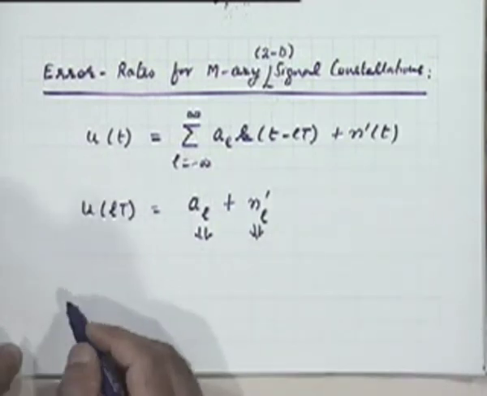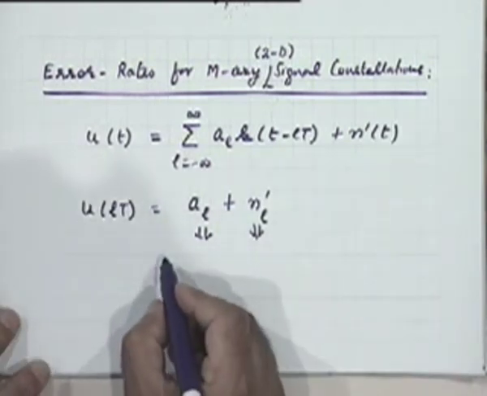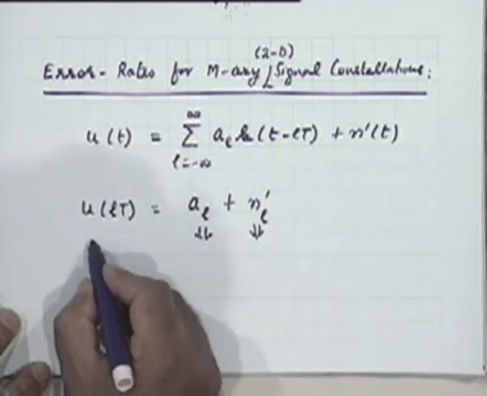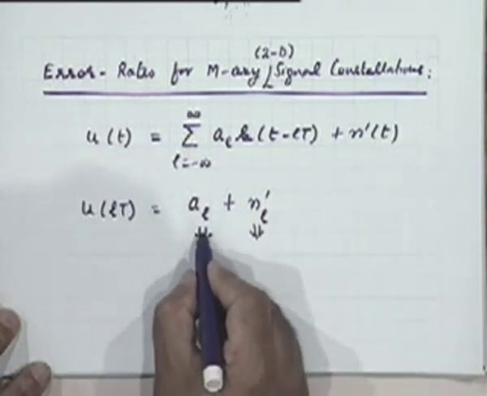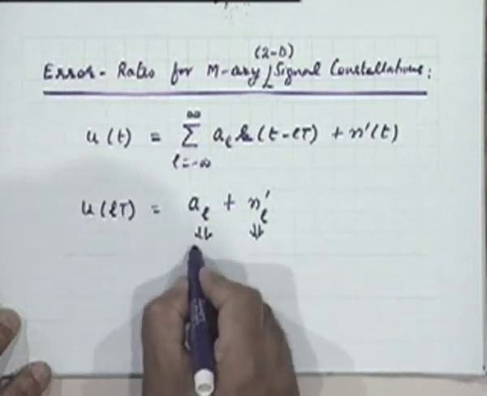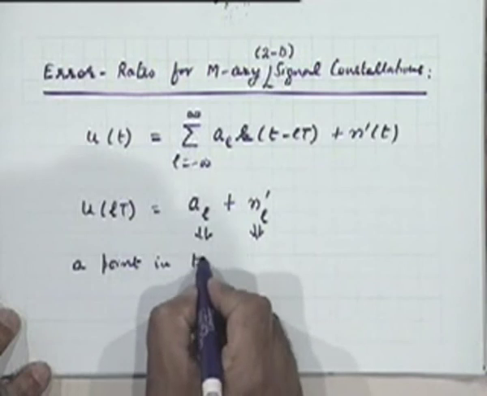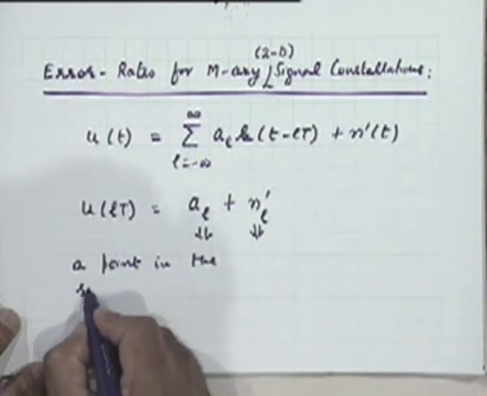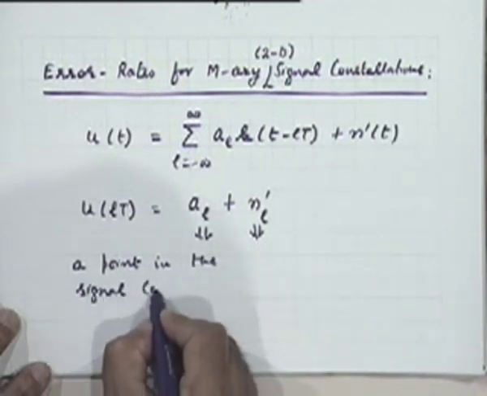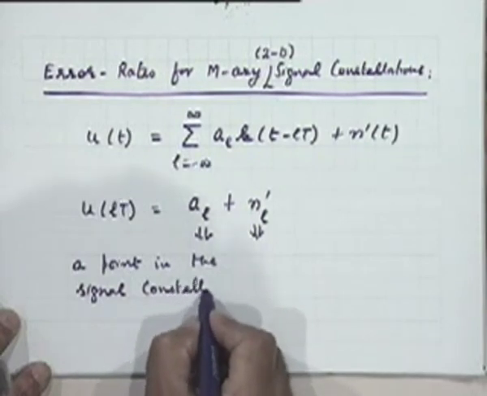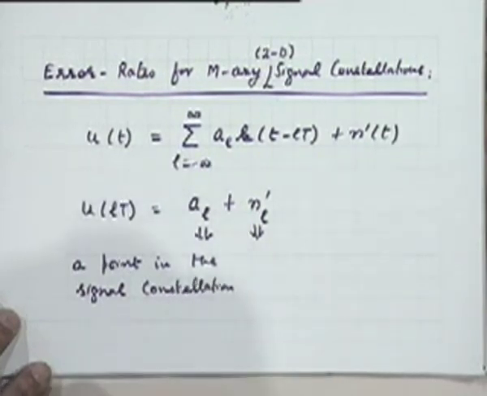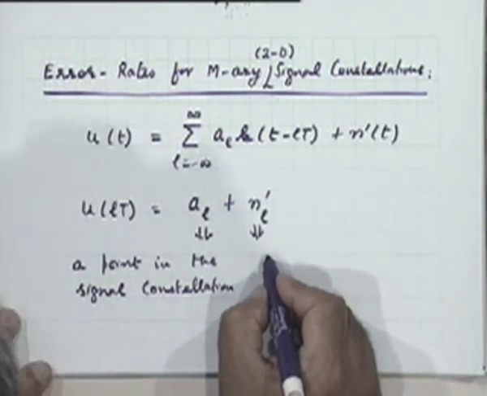So U_L is a complex variable which is the sum of A_L and n'_L.